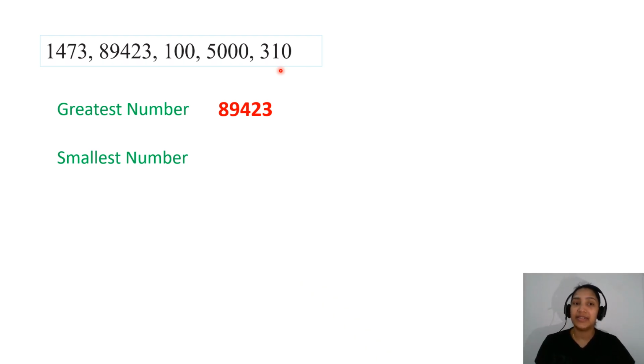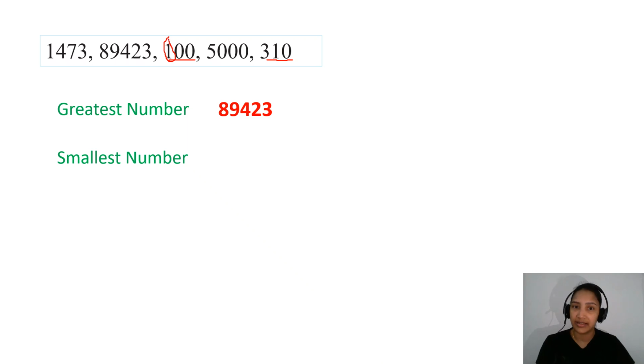Then which is the smallest number? Simply a 3-digit number. 2 3-digit numbers have been here: 100 and 310. So 100 or 310, which is smaller? I told you, you have to check the first digit.